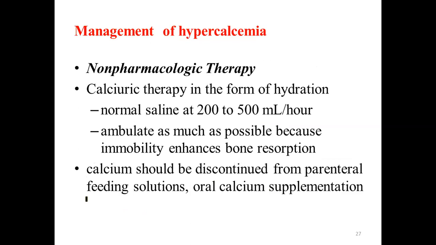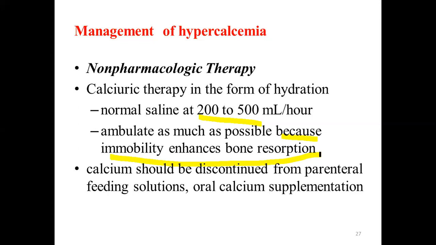Non-pharmacologically, this condition can be treated with calciuric agents such as normal saline. Apart from that, if the patient is immobile, we need to get the patient to ambulate as much as possible, because mobility reduces bone resorption, which otherwise ultimately increases the calcium level in the serum.